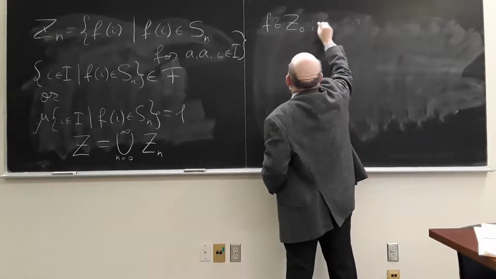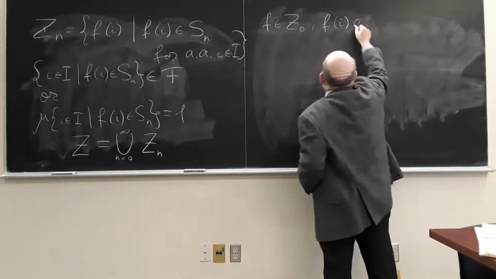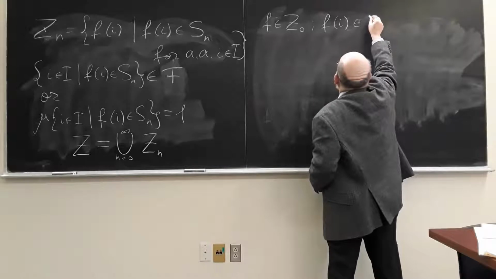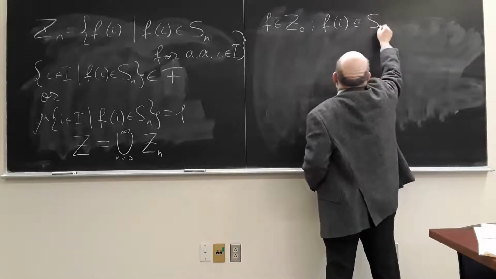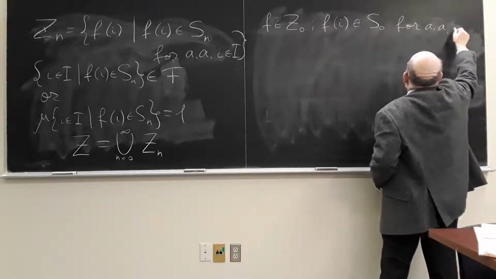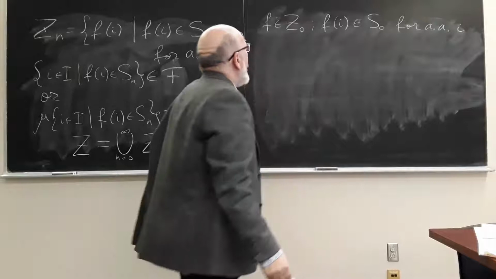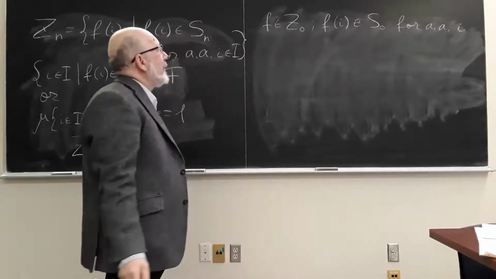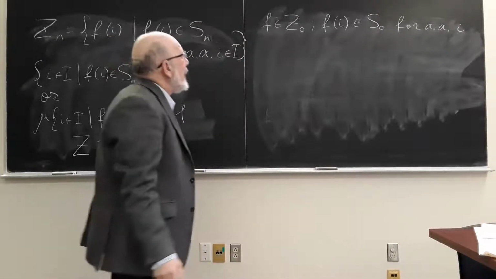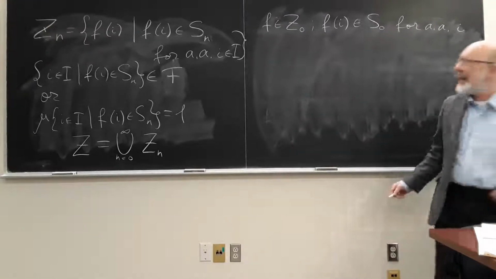This means that f of i belongs to S0 for almost all i, or almost everywhere. So we start from this function. And we naturally have the following relation.